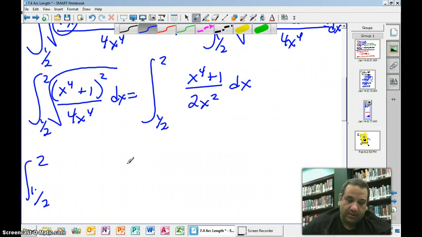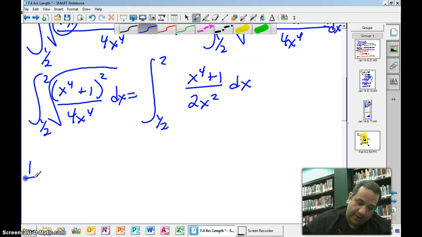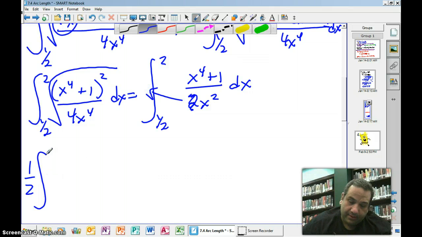Take the 1/2 out. 1/2 integral. So take this 1/2 out, and it's going to be 1/2 and we're going to get x squared, because this is going to be this over x squared and that over x squared, plus x to the negative 2 power dx.